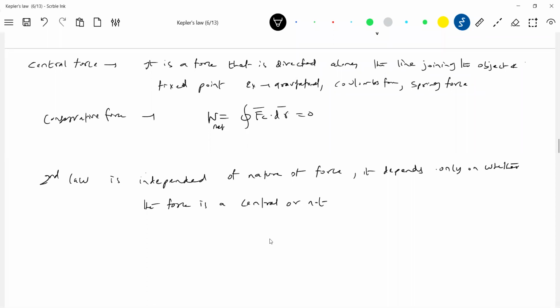That's all he's telling. So it doesn't bother whether F is proportional to R square, should obey inverse square, nothing to do. Whether the force is central. If the force is central, then only torque will be zero, no?